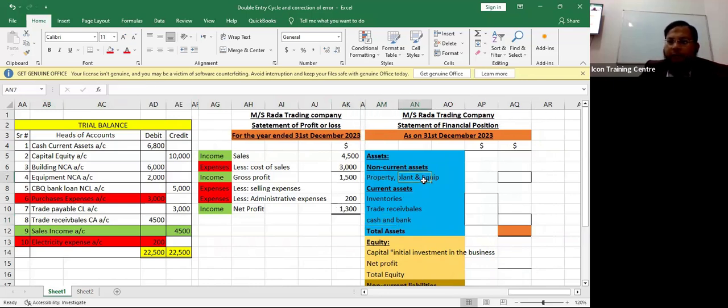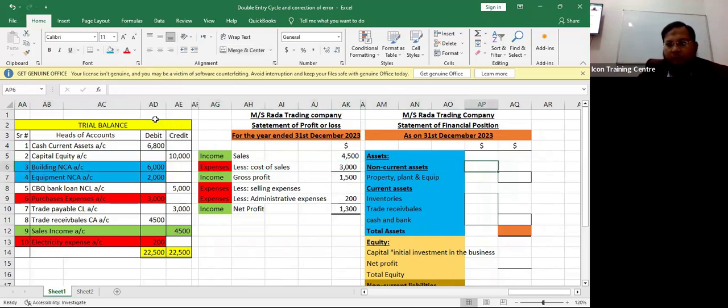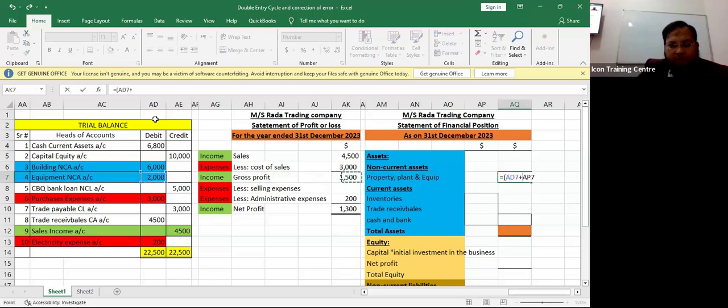Okay, non-current assets. Do we have property, plant, and equipment here? Building and equipment, these both are property, plant and equipment, right? Right, sir? So we will change the color of it. And the sum of both is 2,000 plus 6,000. Do we have inventory here?